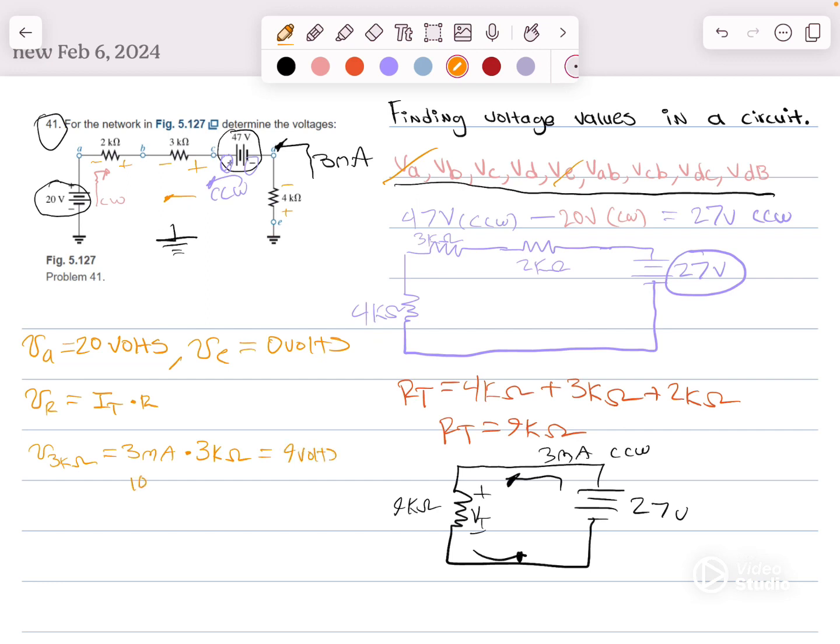Here I know my 10 to the negative 3 and my 10 to the third will cancel out to give me just base units of volts. So I can mark this. This is 9 volts right here. And that's a connection C to B. So I know this is 9 volts for V 3 kilo ohms. I also know that this is VC to B.